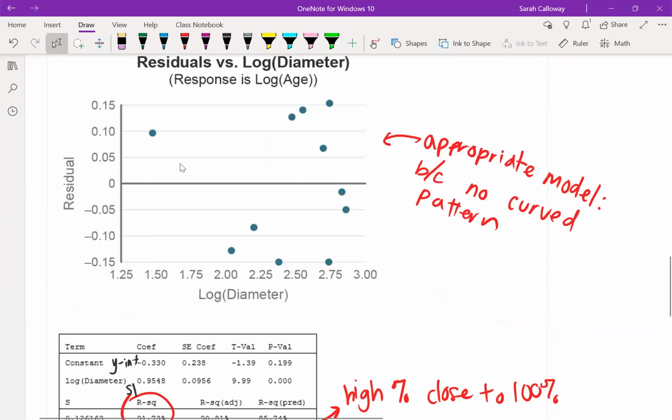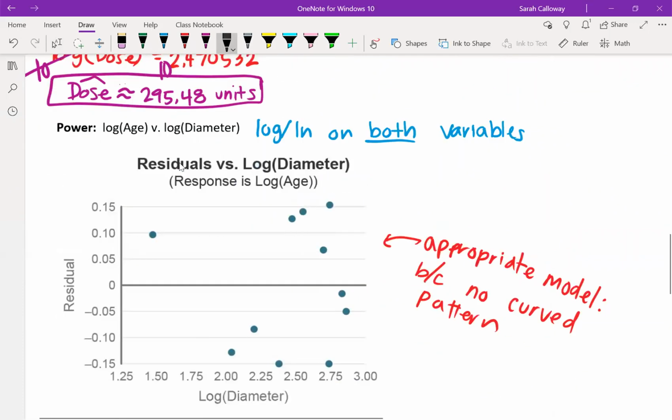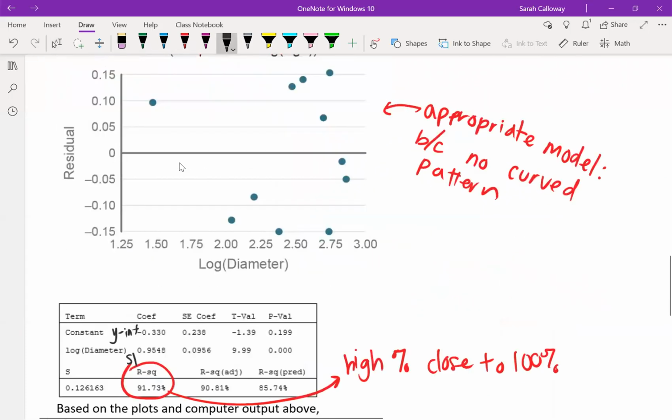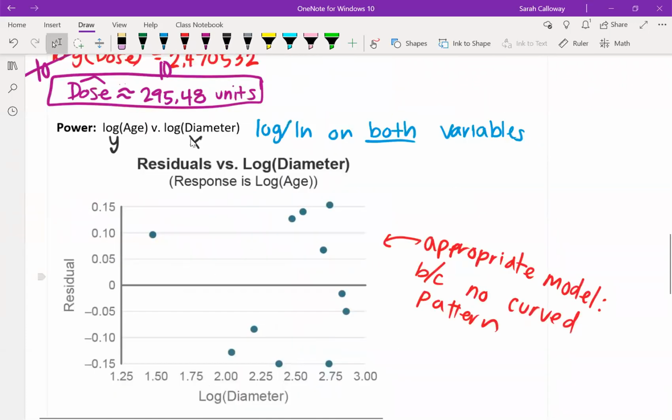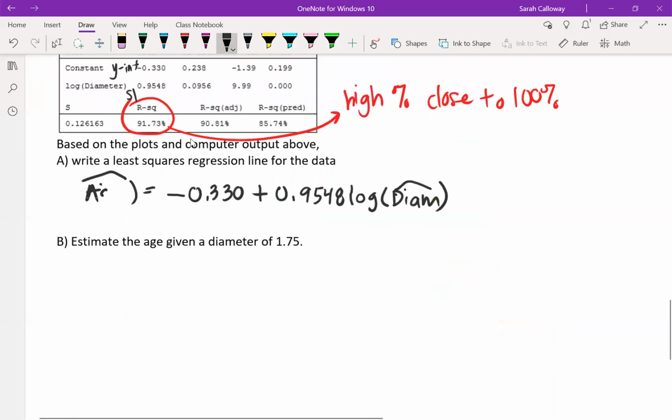The second one's your x. So log of age is my y, log of diameter is my x. So log of age hat is equal to negative 0.330 plus 0.9548 times the log of the diameter.